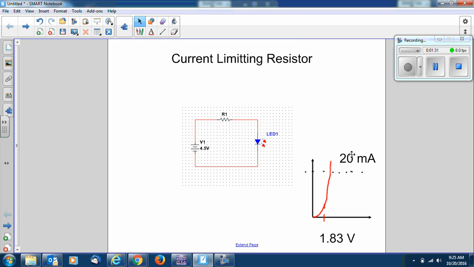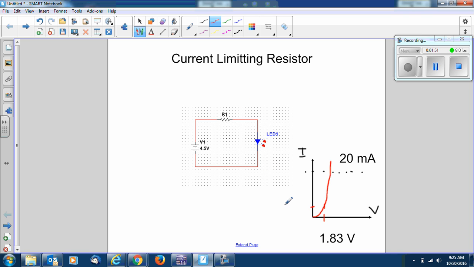All right. Now, if you think about it, if this point has a V coordinate, it has to have an I coordinate as well. That means there has to be some kind of current that corresponds to this 1.83 volts, and I don't really know what that current is.